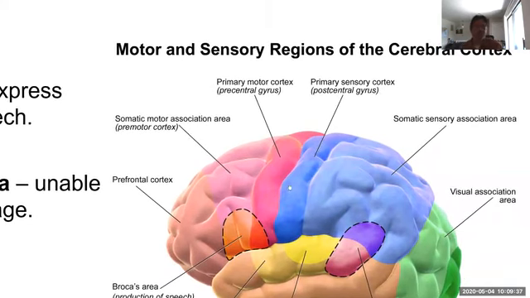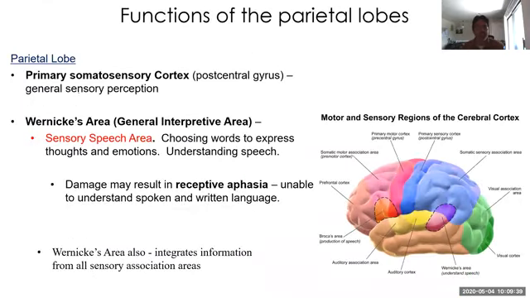Now, when I talk about somatic senses, that refers to your general senses. These are the senses that we feel all across the body, whether it's the sense of temperature, pressure, pain, vibrations. Those are the somatic general senses.